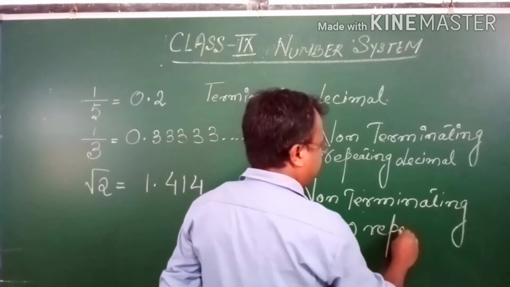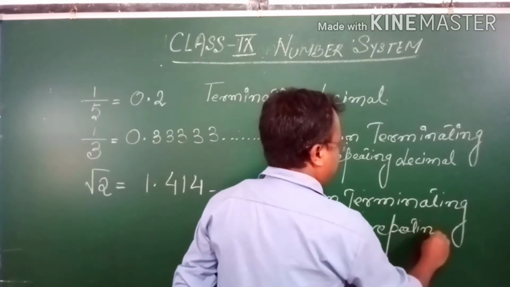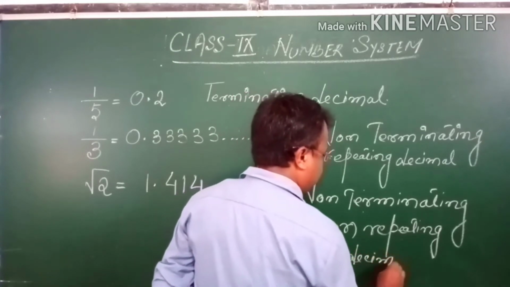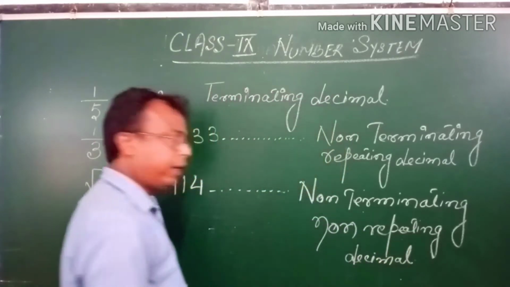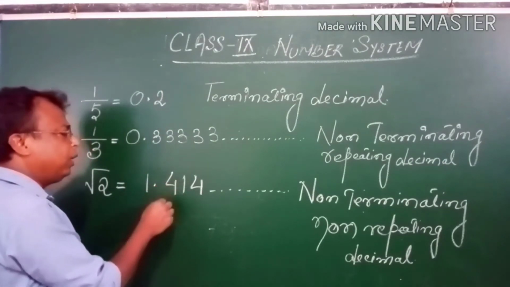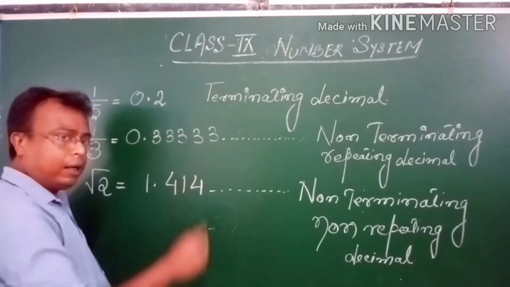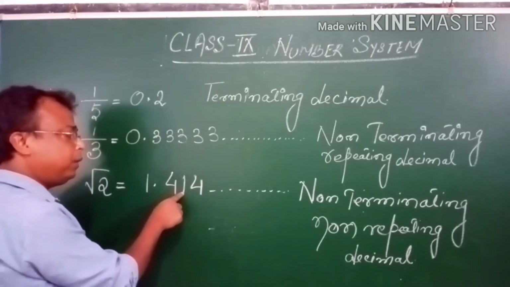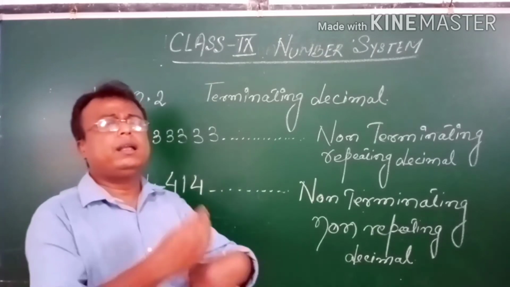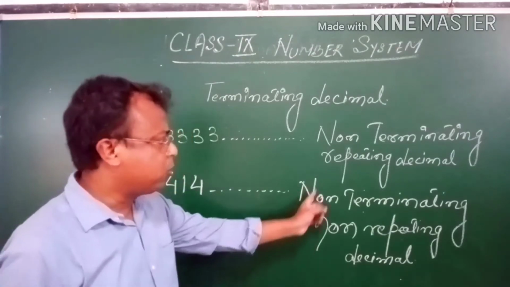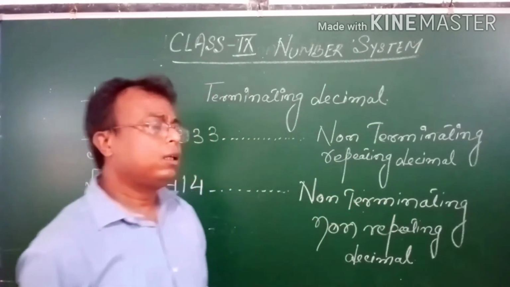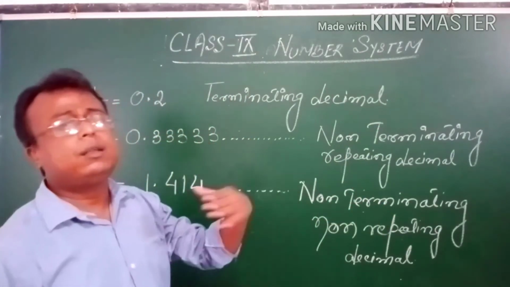Continuously, no digit is repeating again and again. Okay, 4 is coming here but then 4 is not coming again, 1 comes, then 4 something, some other digit will come again and again, but it will never end. That's why it is called non-terminating. Why is it called non-repeating? Because no digit is repeating again and again.